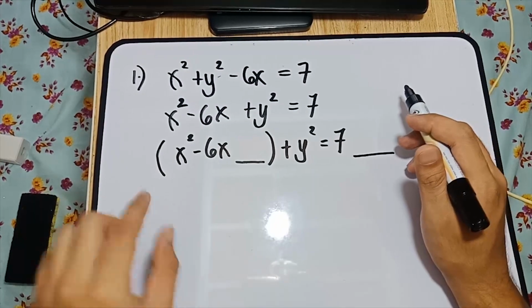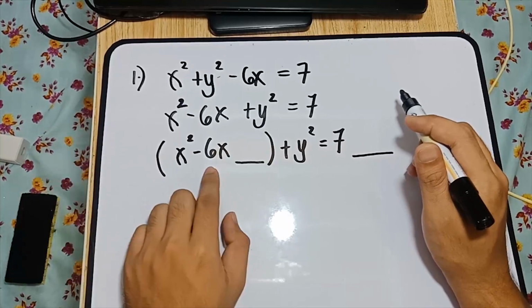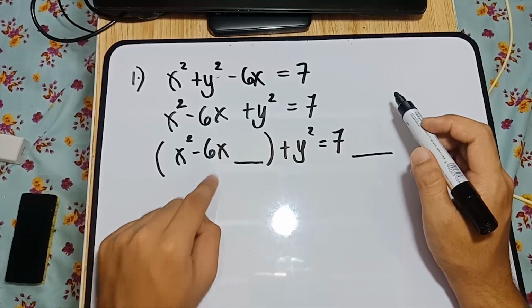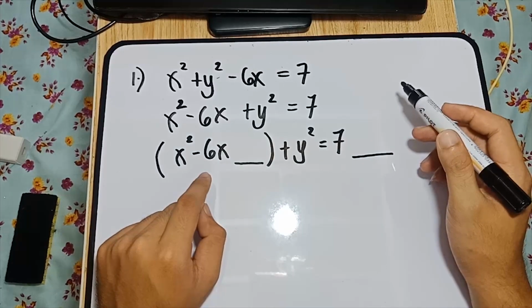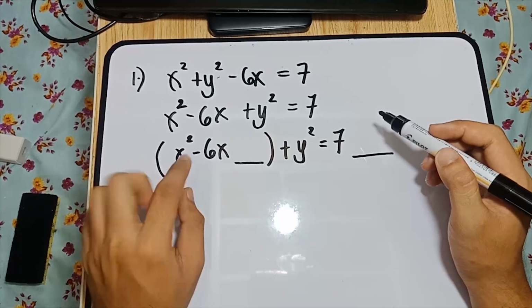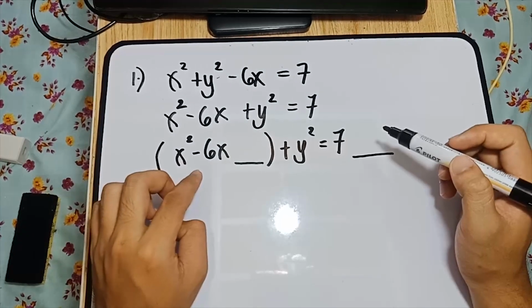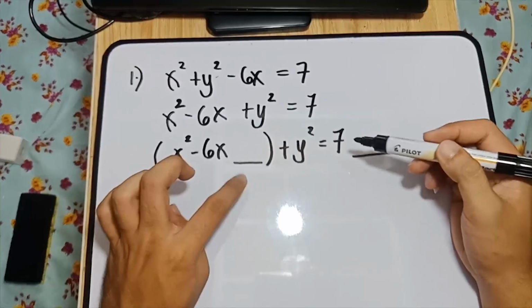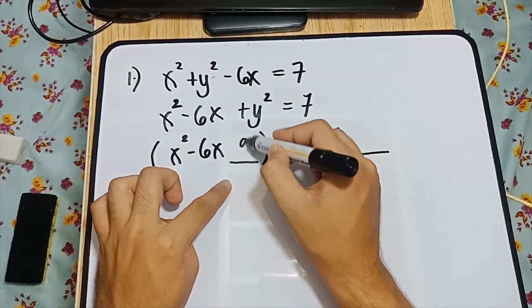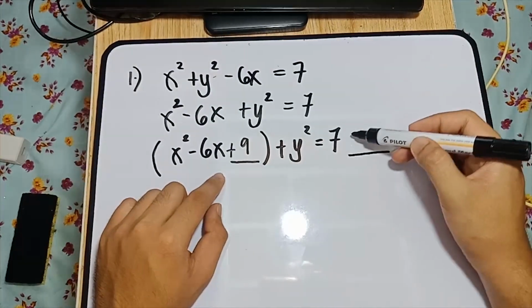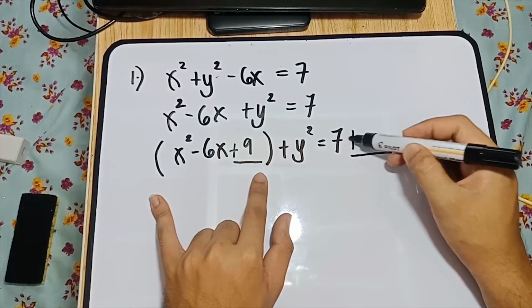Okay? Ngayon, by doing that, divide natin yung ating middle term, negative 6 by 2, and then squared. So, 6 divided by 2, that is 3, squared, that is 9. Plus 9. Kung nag-add tayo sa kaliwa, mag-add din tayo sa kanan.